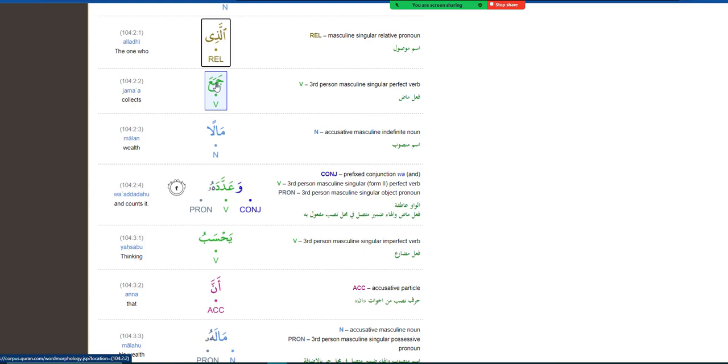So now you're understanding and relating to why we learned maf'uls in unit 1. Because you depend on it. If it was ma'lun, how will you translate? Alladhi jama'a ma'lun. Yes, something like Nasara al Muslimu, right? You will translate the Muslim helped, right?